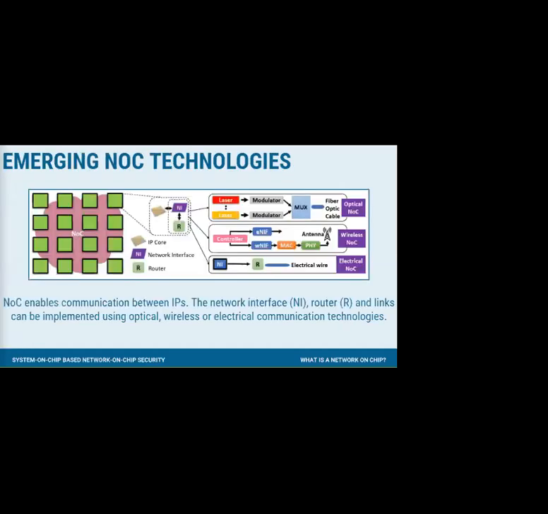The other solution is optical network on chips, also known as photonic network on chips. These use photo emitters, optical waveguides, and transceivers for communication. The major advantage over electrical network on chip is that it is possible to physically intersect light beams with minimal crosstalk.